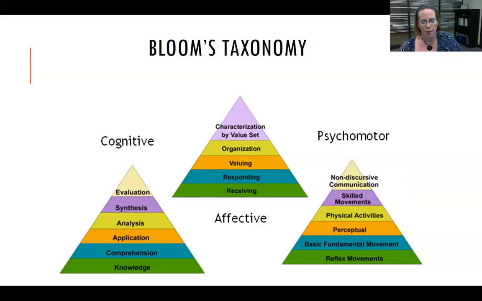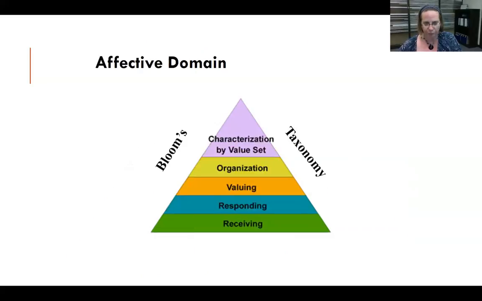While each domain and type of knowledge is important, most educators, as you can imagine, are concerned primarily with the cognitive domain. Therefore, I'm going to spend a few minutes going through each of the types within the cognitive domain so we have a really good understanding of those.